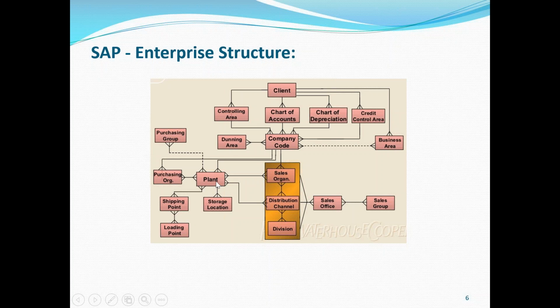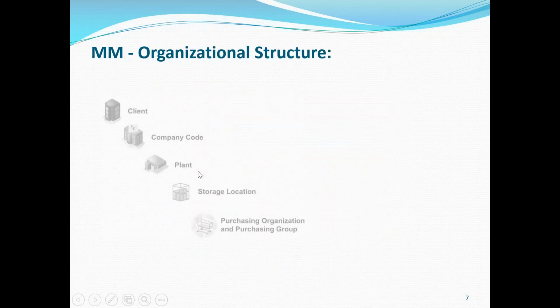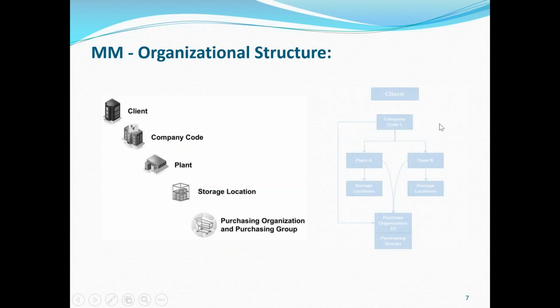Here, as you can see, it starts with the plant. The highest organizational units of MM and of SD are assigned to the company code. That's why in our MM organizational structure, the plant is assigned to the company code, as well as the purchasing organization.